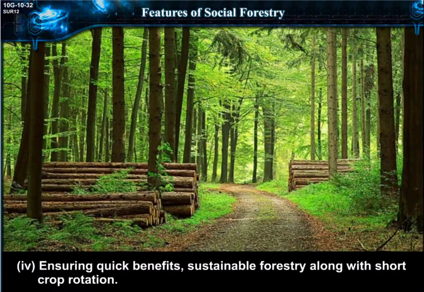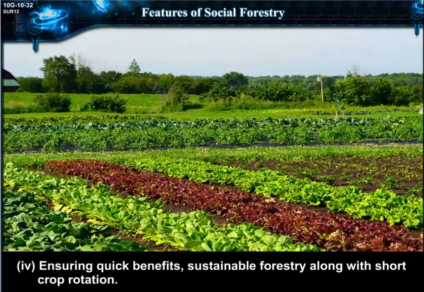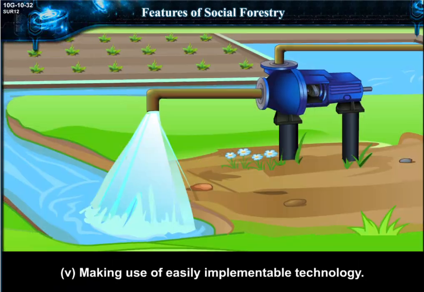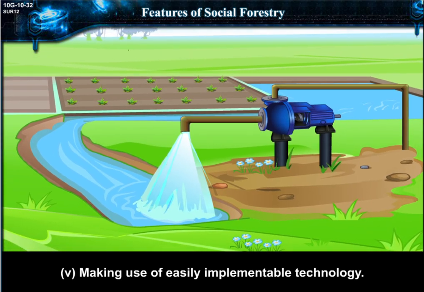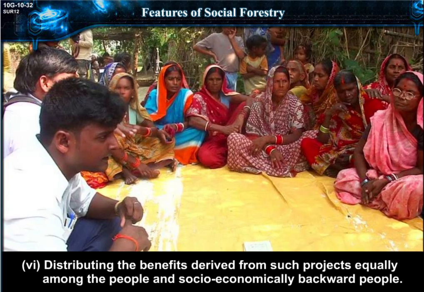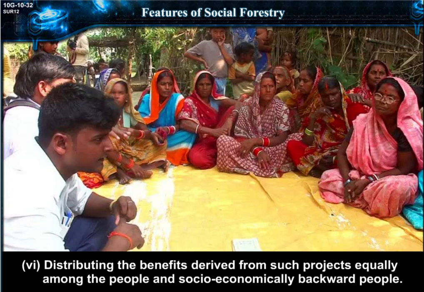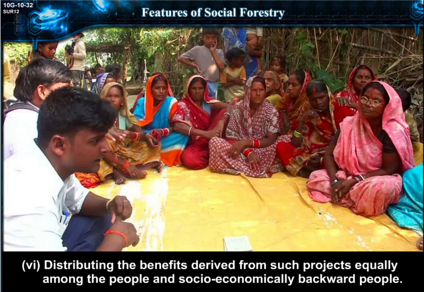Fourth, ensuring quick benefits, sustainable forestry, along with short crop rotation. Fifth, making use of easily implementable technology. Sixth, distributing the benefits derived from such projects equally among the people and socio-economically backward people.